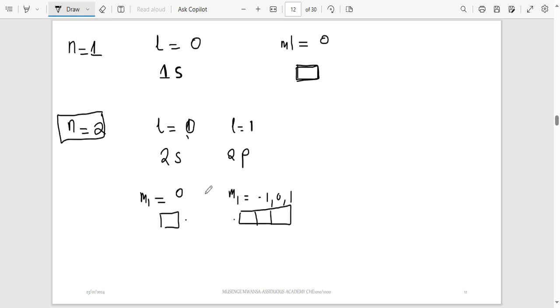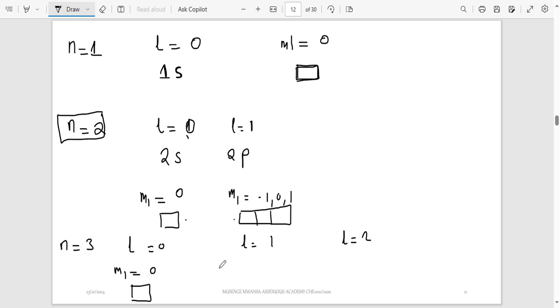If we go to the third energy level, n is equal to 3. We said that L can be 0, L can be 1, L can be 2. When L is 0, ML is also just going to be 0. And this orbital is just 1 like this.